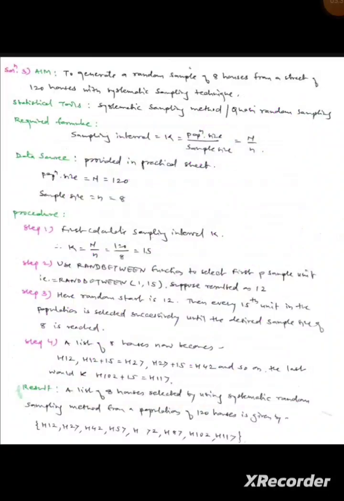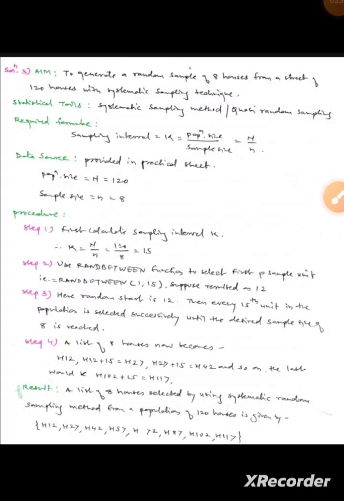The third sample would be H27 plus 15, that is H42. Likewise, we have to take up to 8 values. So what is my 8th observation? My 8th observation would be H102 plus 15, that is H117. So H117 is my last sample.